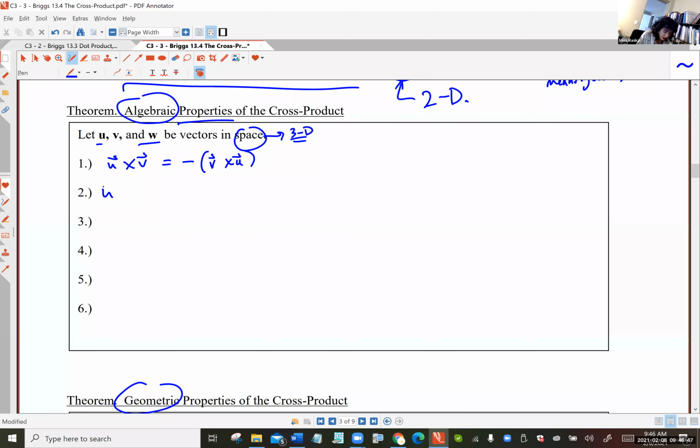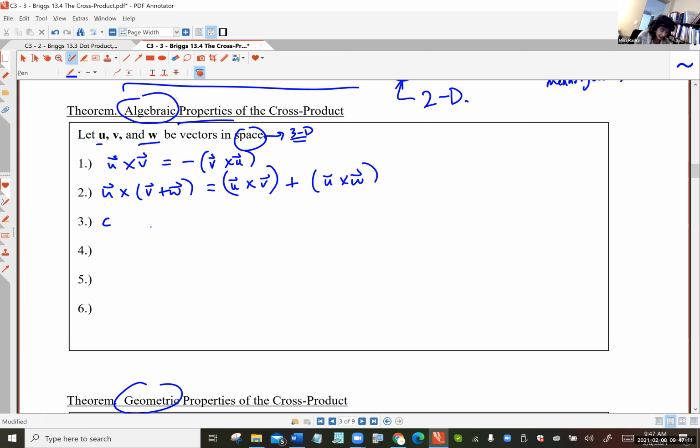Now, what if you're trying to take the cross product of U with the sum of 2 other vectors? No problem. You can either do what's inside parentheses first, then take the cross product, or you can distribute. That's also valid. So cross product allows you to distribute over a sum.